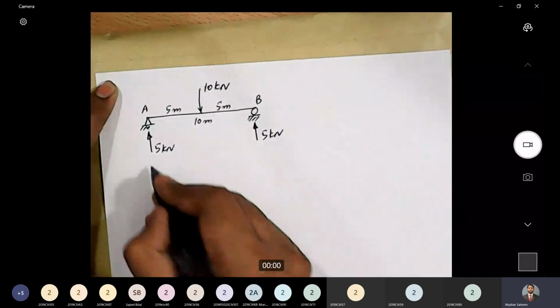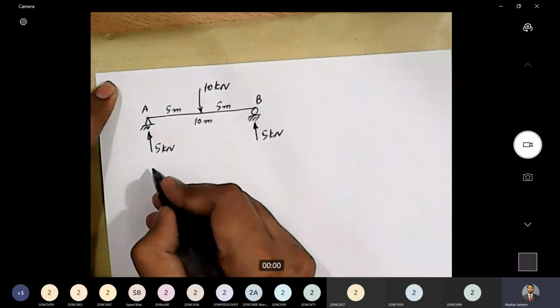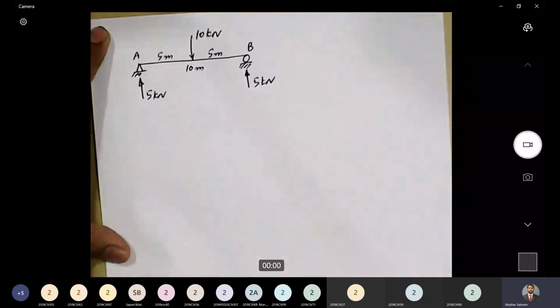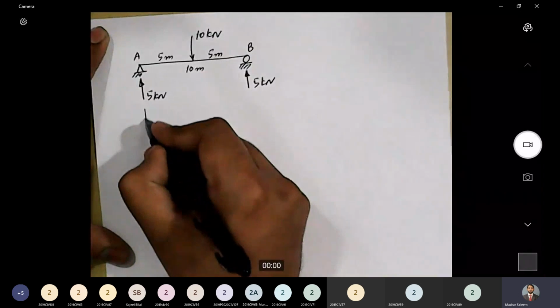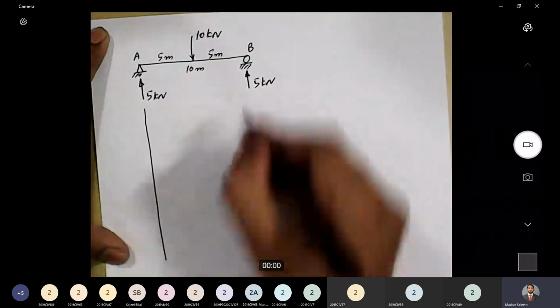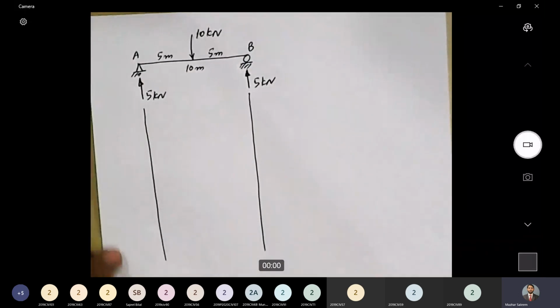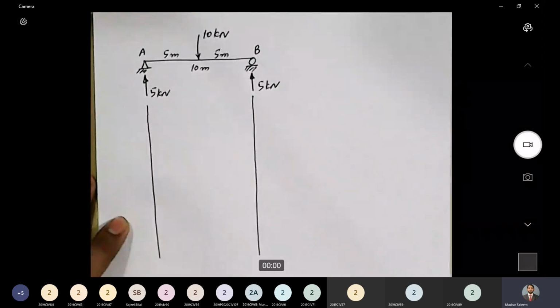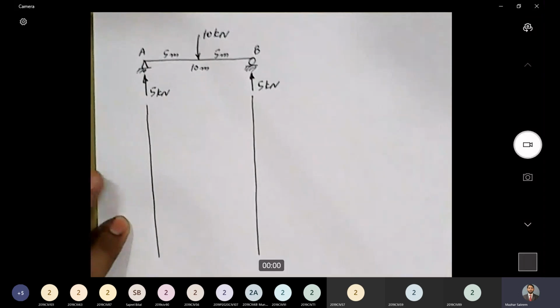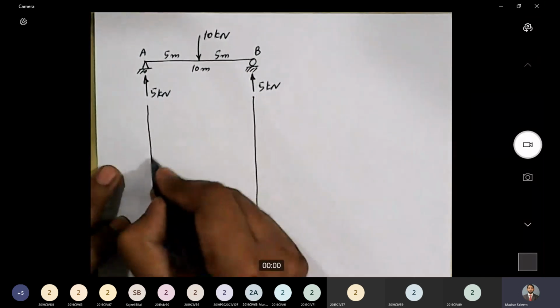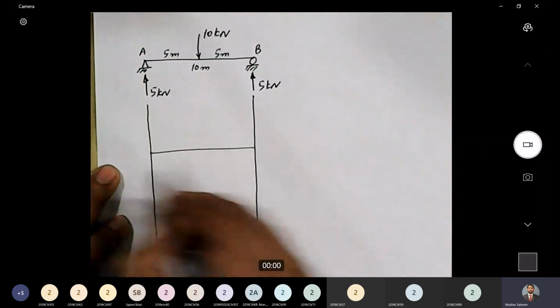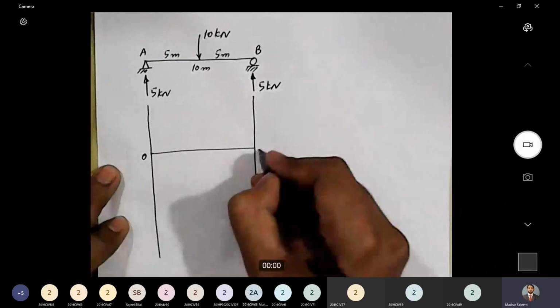Okay. Now, in order to draw a shear force diagram and bending moment diagram, I will have to draw guidelines. These are the guidelines on which I'll draw the shear force diagram and bending moment diagram. This is the 0, 0 line.